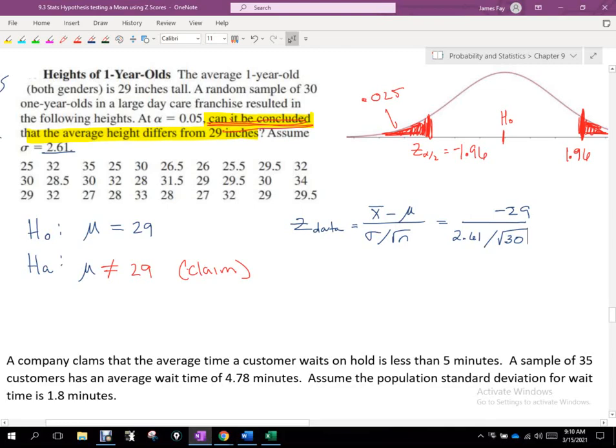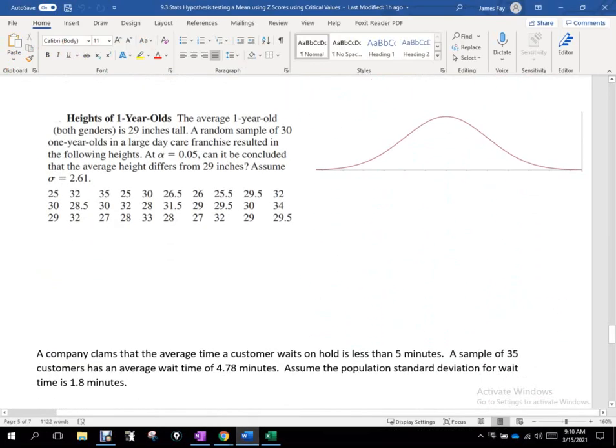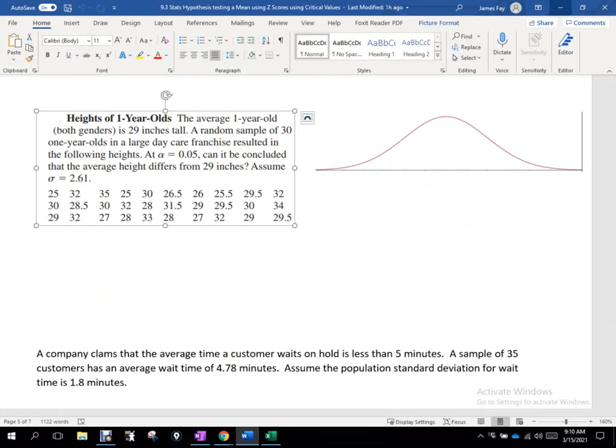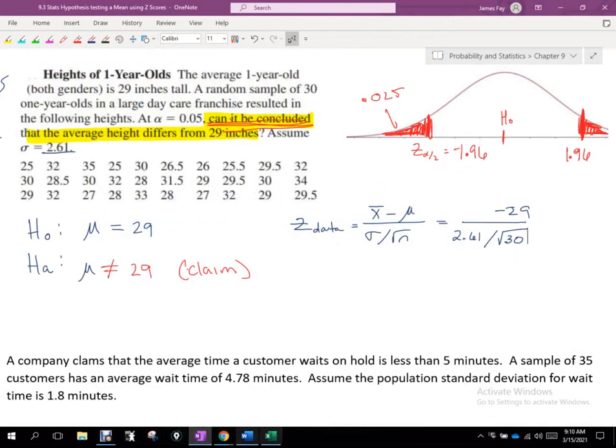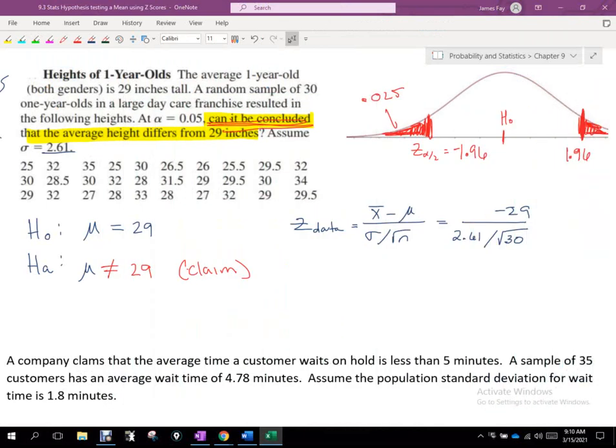I'm going to kind of cheat here real quick. I think I can. No, I can't. I was hoping I had it typed in as a table and I could just cut and paste it. But so I'll type these in real quick. 25, 30, 29.